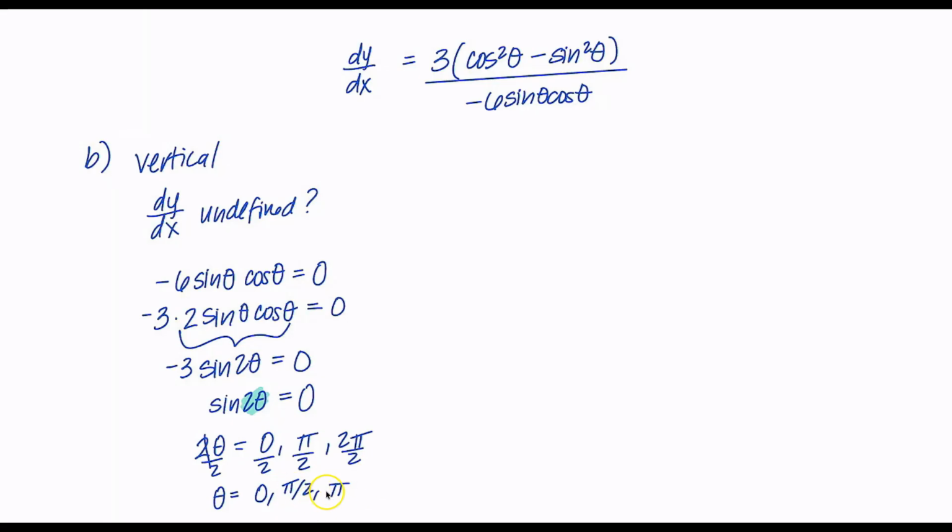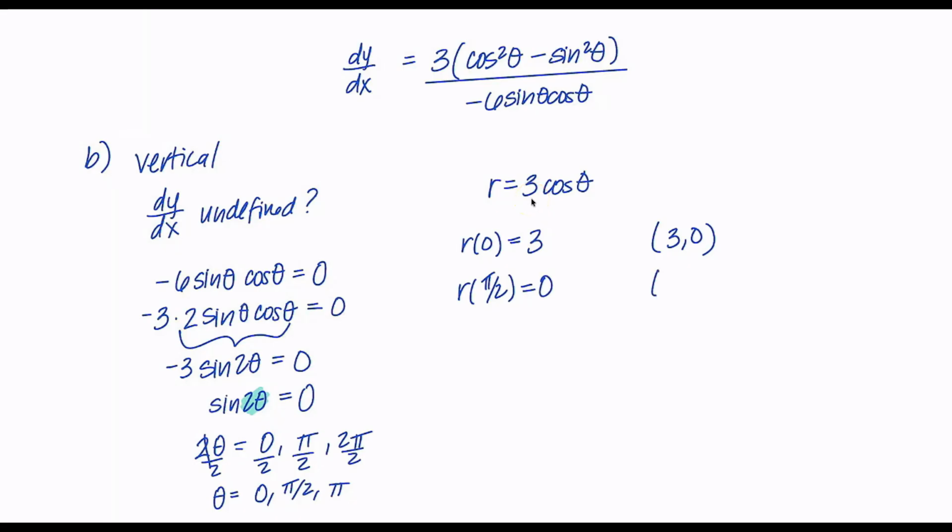So now these are the angles, and we want to find the coordinate points (r, theta). So we substitute them back into r. R was 3 cosine theta, as a reminder. So r of 0, cosine of 0 is 1, so I'm going to get out 3. So I'm going to have (3, 0). And then r of pi over 2: cosine of pi over 2 is 0, so 3 times 0 is 0.